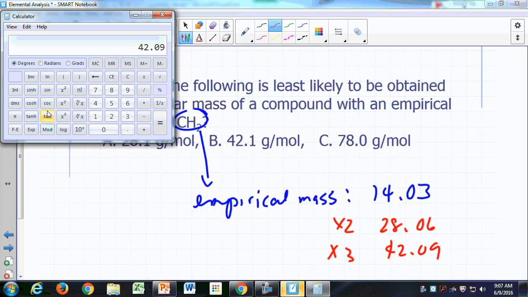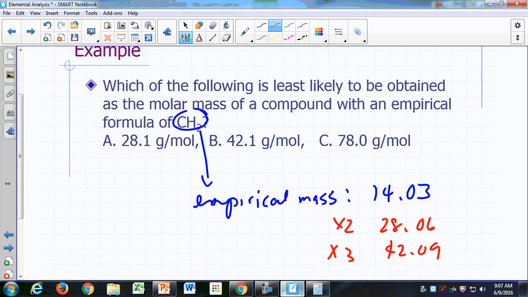Okay, and so obviously, 28.1 is pretty close to 28.06, so that's a possibility. 42.1, that's very close to 42.09, that's a possibility. So 78 must be the correct answer here. The least likely to be obtained is the molar mass of the compound.